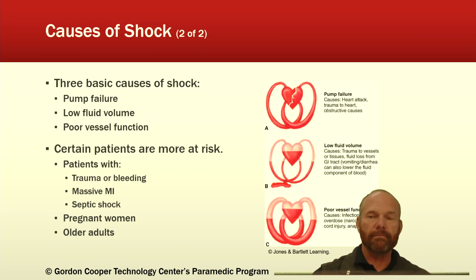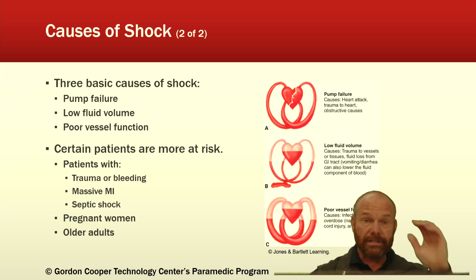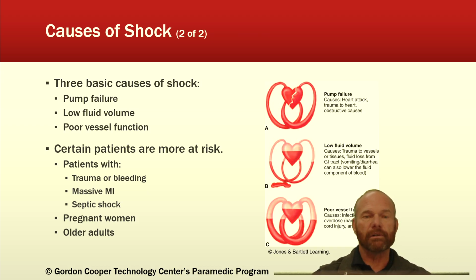We've talked about it a little bit in the last video, but there's really 3 pieces to the puzzle when we talk about the circulatory system. You remember we have the pump, we have the pipes, we have the fluid. So when we talk about 3 basic causes, one of them would be pump failure, so the heart is unable to pump effectively, and that in turn leads to decreased cardiac output.